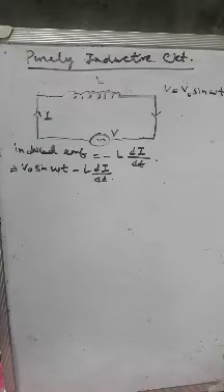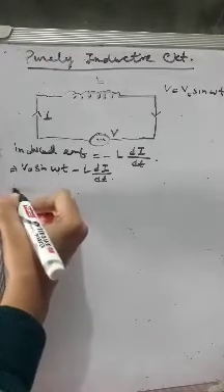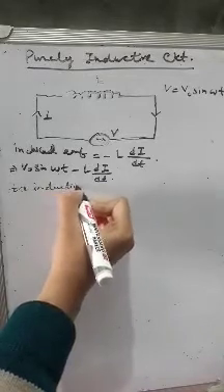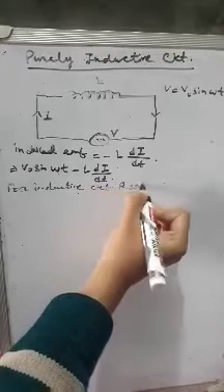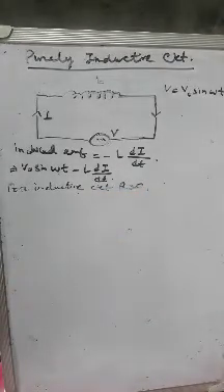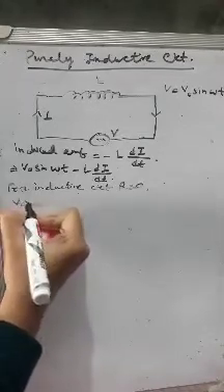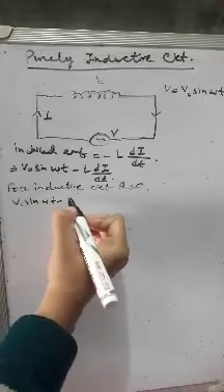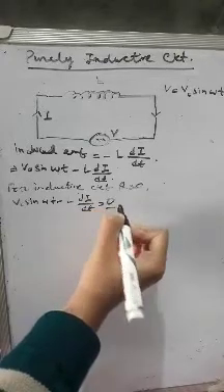So according to Ohm's law, for this inductive circuit, R is equal to 0, so we can write V naught sine omega t minus L di by dt equals 0, isn't it?